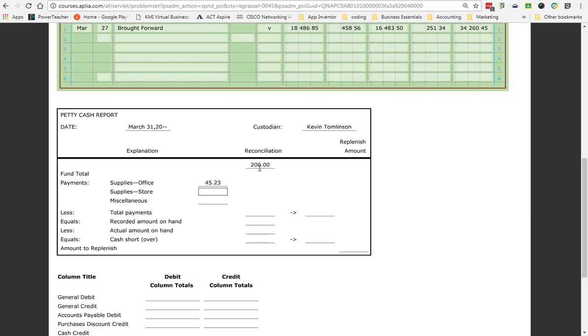Then it tells us supplies, store was $66.18, and miscellaneous added up to $49.25. It says total payments, so I need to add up $45.23, $66.18, and $49.25 on my handy dandy little calculator.